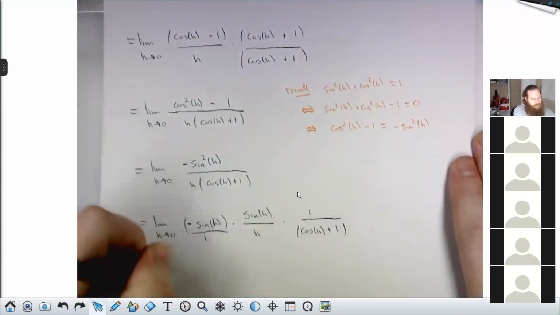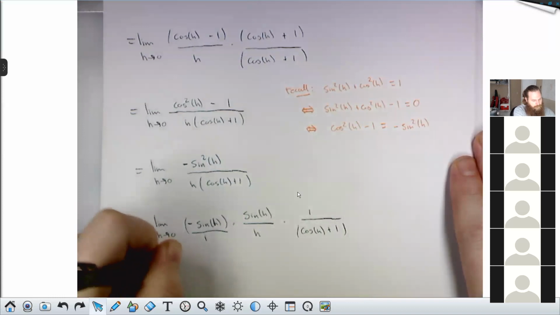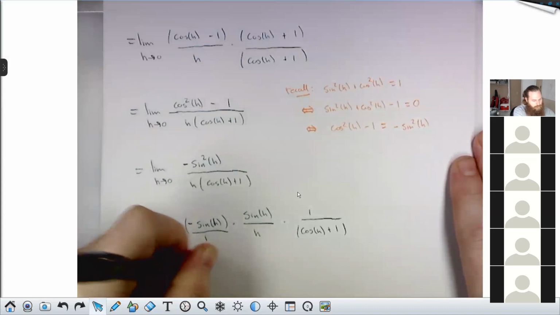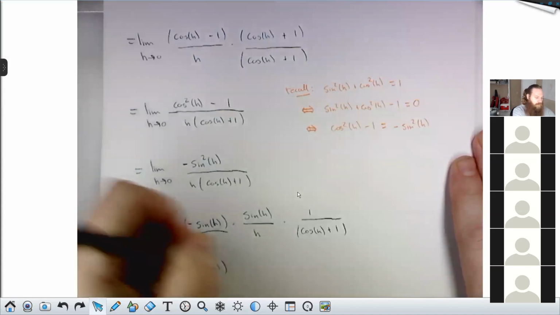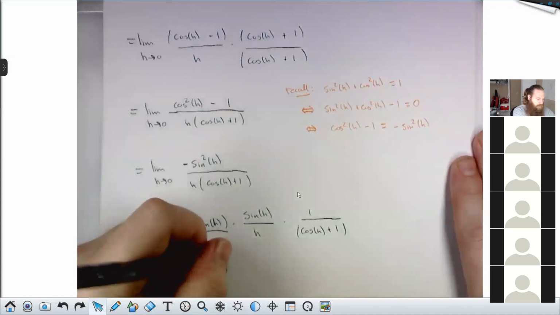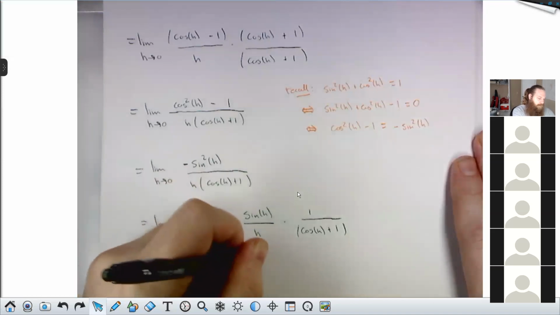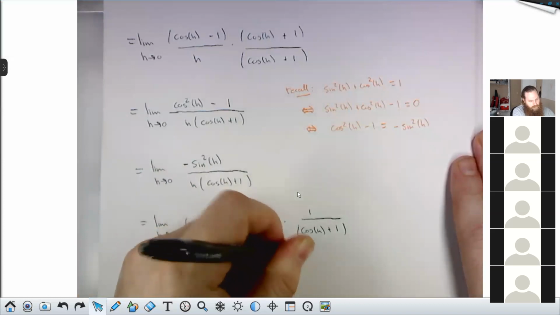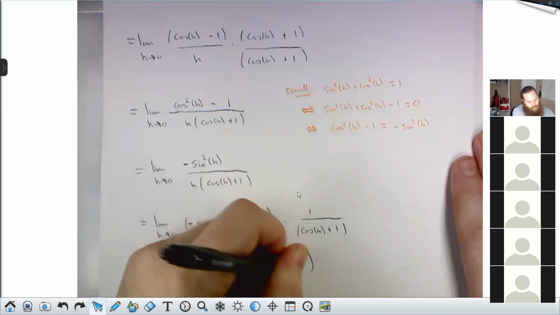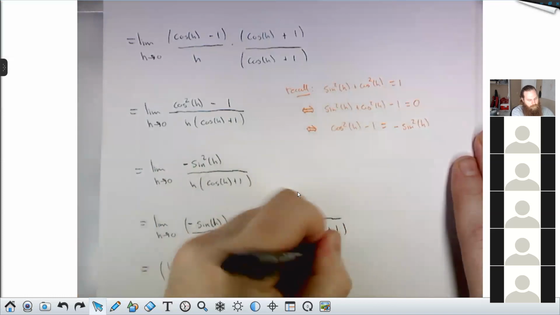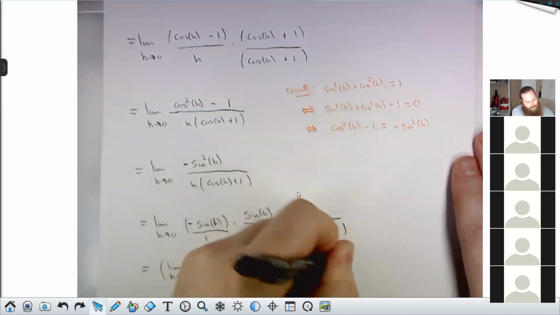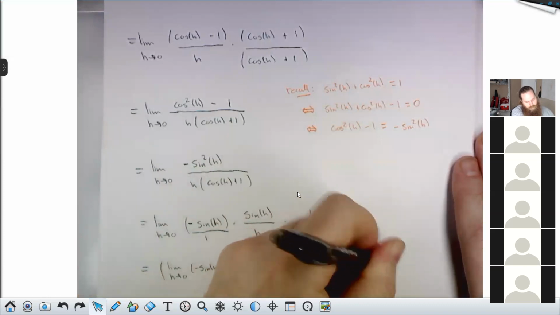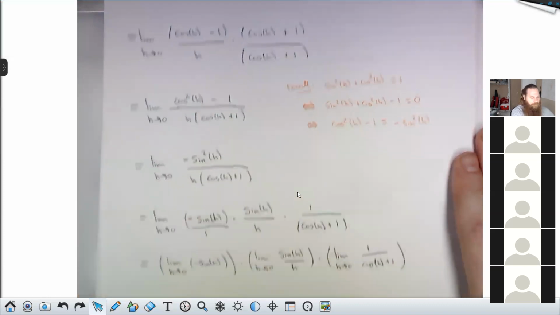So I can use my limit laws and say, okay, this is the limit as h goes to 0 of negative sine h times the limit as h goes to 0 of sine h over h times the limit as h goes to 0 of 1 over cos h plus 1.